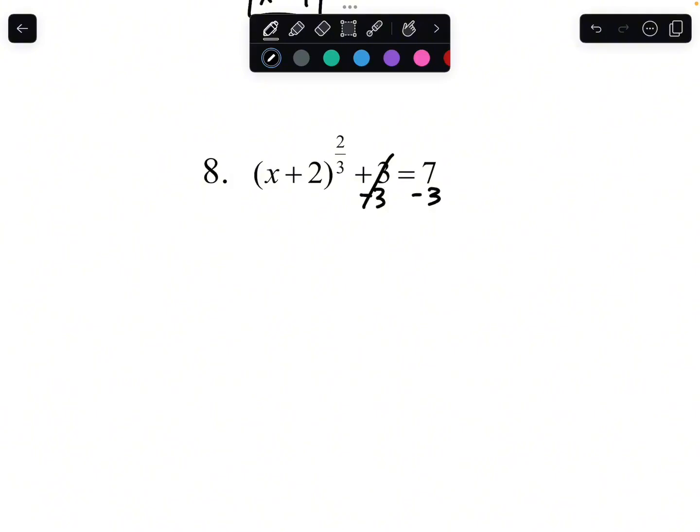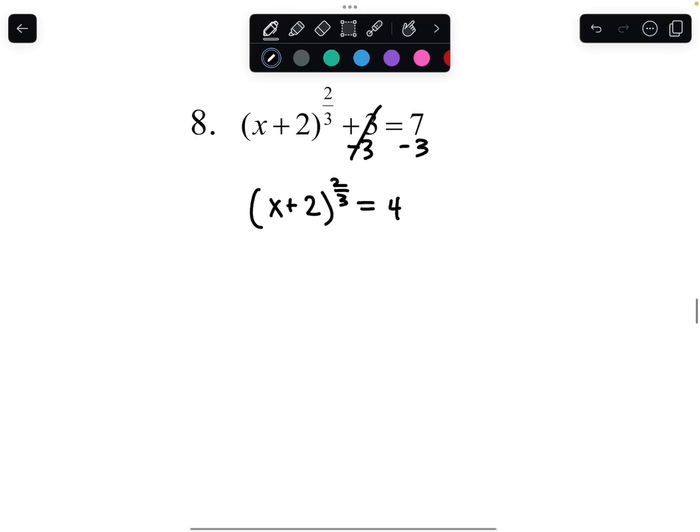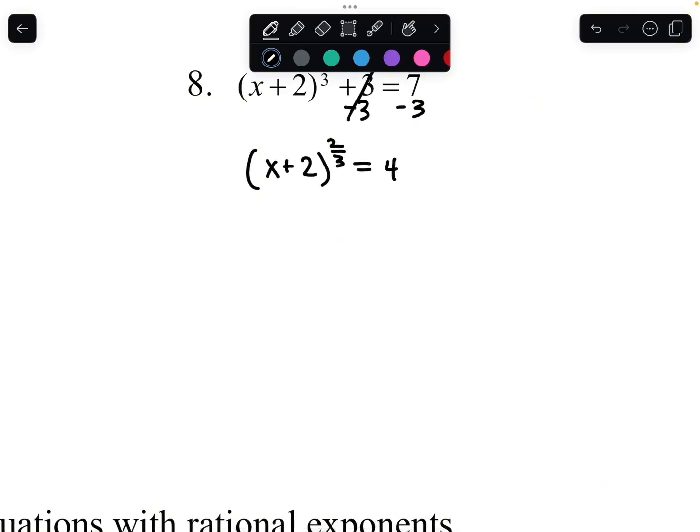First step, subtract the 3. And then we can undo this by raising it to the 3/2 power. Because that 3/2 is square root, we have positive negative. And so x + 2 = ± 4^(3/2).